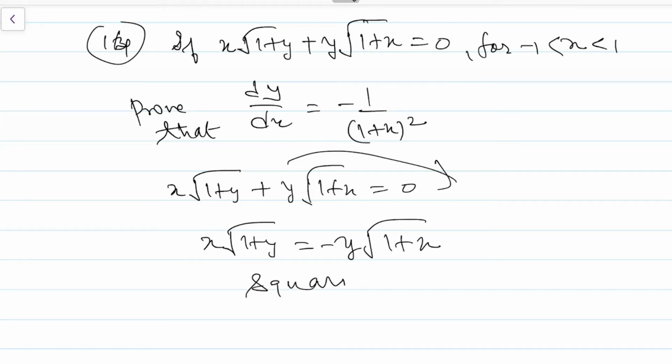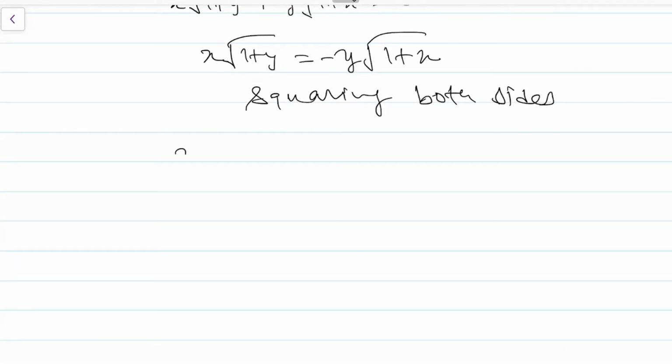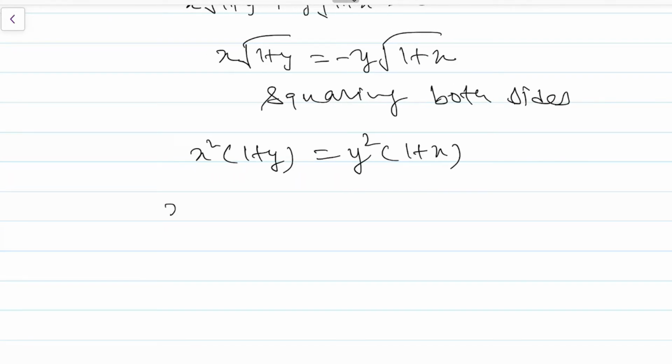Squaring both sides, we'll get x square into 1 plus y equal to y square into 1 plus x. Simplifying, x square plus x square y equal to y square plus x y square.